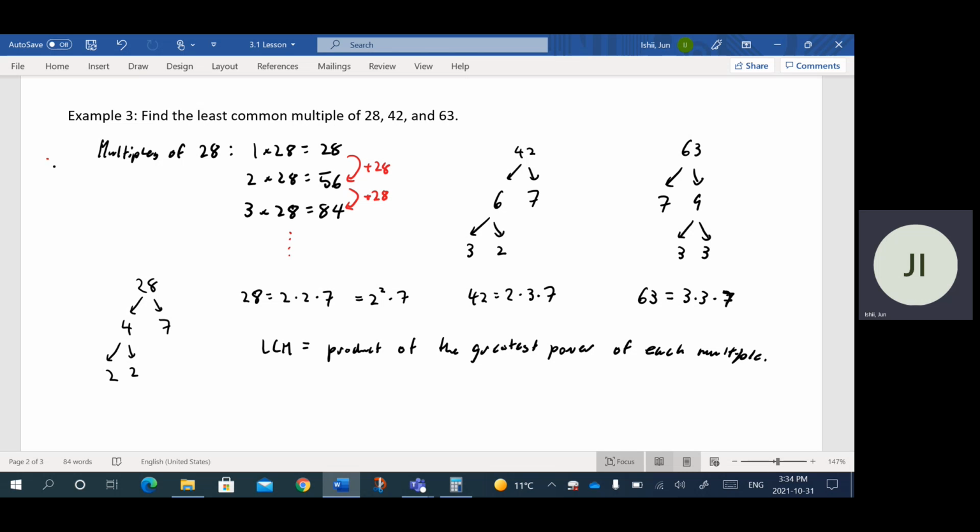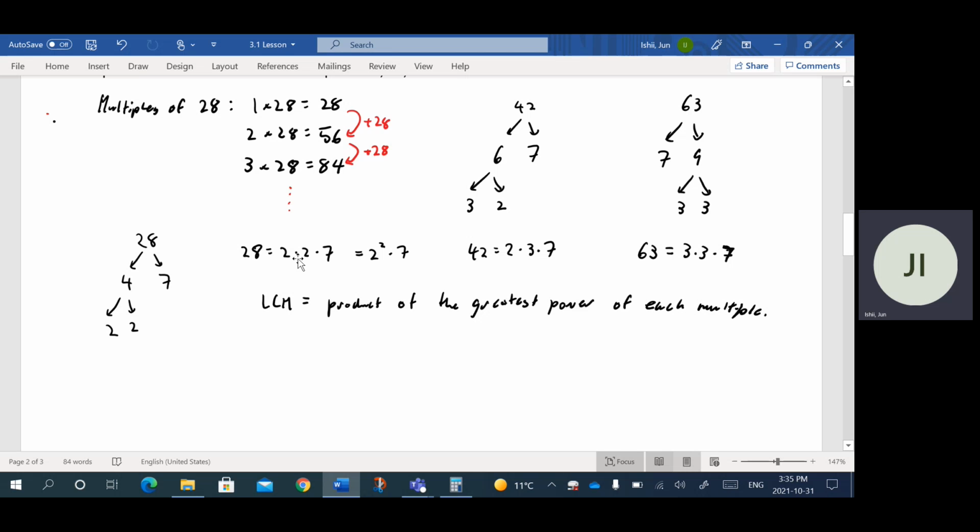What does that mean? The numbers that show up in our prime factorizations are 2, 7, and 3.